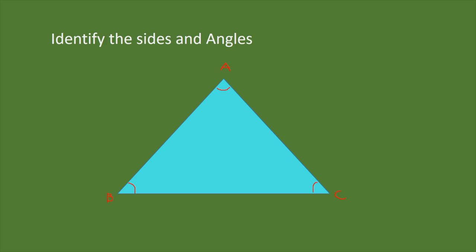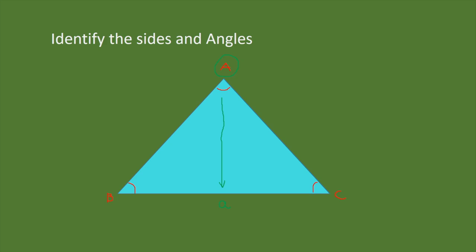And the next is the side opposite to the vertex. Here we have point A, and the side which is opposite to this angle we will mark as A, but in lowercase, that is a simple letter.